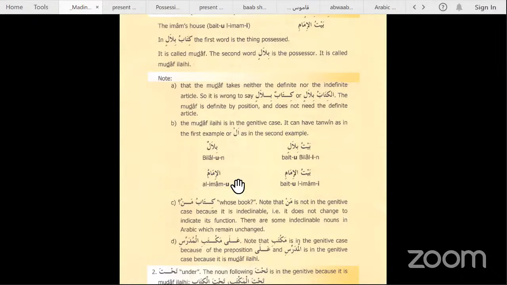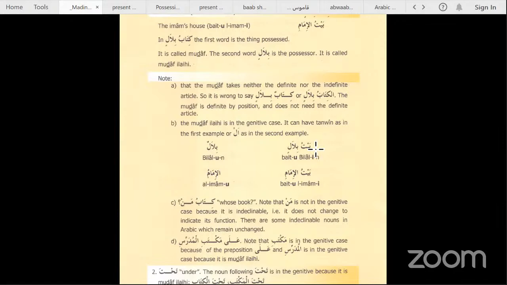In the first case where you have Baytu Bilalin, when you have the mudaf, the dhamma tanween gets dropped, and the mudaf ilayh gets kasra tanween. Correct.